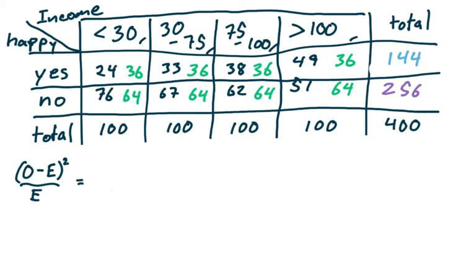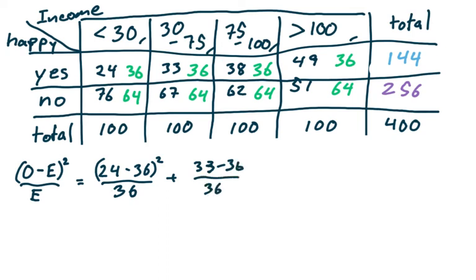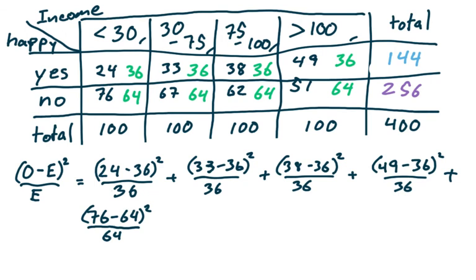So this first one is 24 minus 36 whole quantity squared divided by 36 plus 33 minus 36 whole thing squared divided by 36, and so on and so forth. And I should mention that we're calculating chi-squared, which is the sum of all of these values.